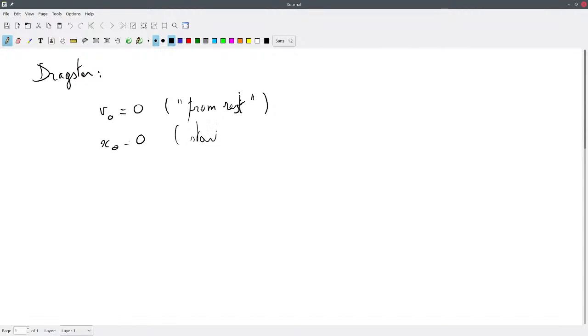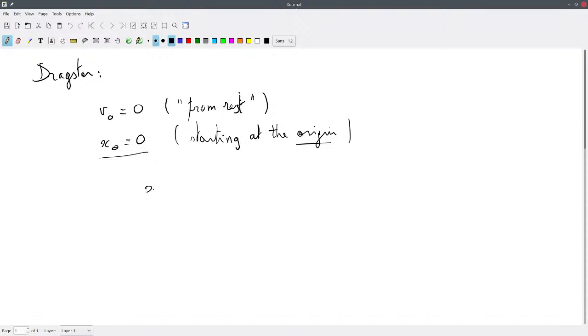We're starting at the origin of our coordinate system. In many cases, we'll actually be able to set the origin of our coordinate system, and it will be useful to pick the origin at a point that is useful for calculating the answer to the question. In this case, setting the origin at the start of the race for this dragster makes sense, because it makes x0 equal to 0, and that makes it simpler to do the math.